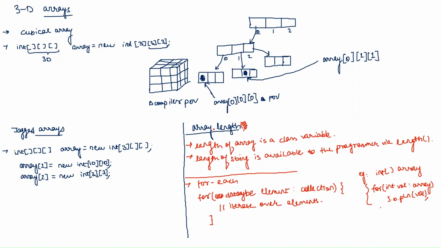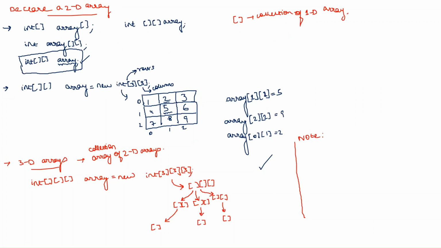But if you have to modify something and you need the help of the index, then you should always prefer the for loop. We'll learn about the for loop in the upcoming lectures. It's also worth noting one thing, which is that in Java, unlike Python, negative indexes are not allowed.